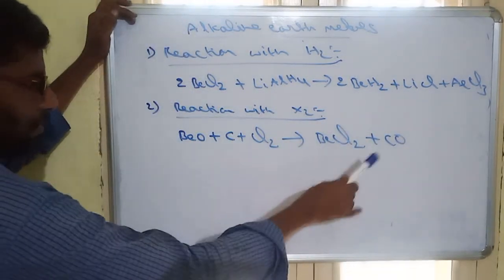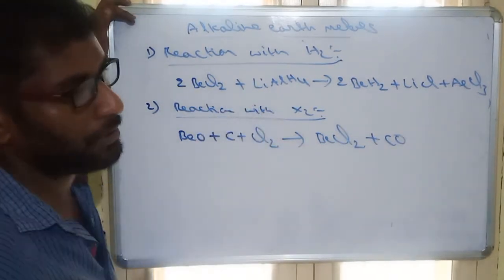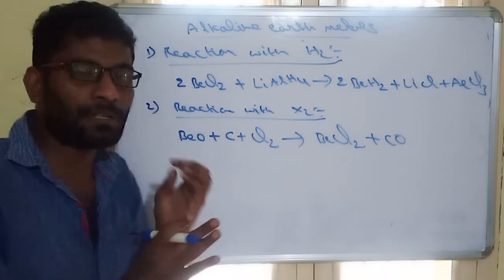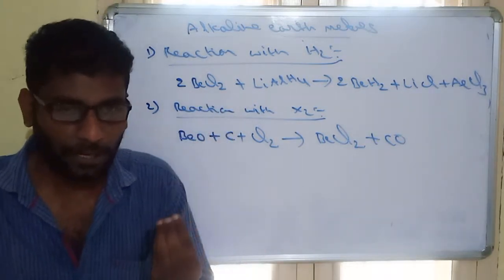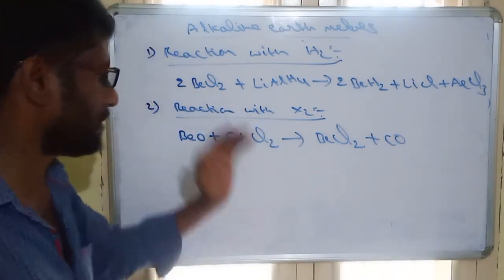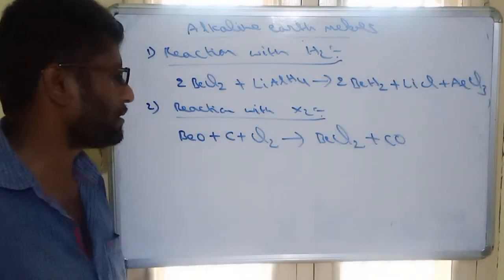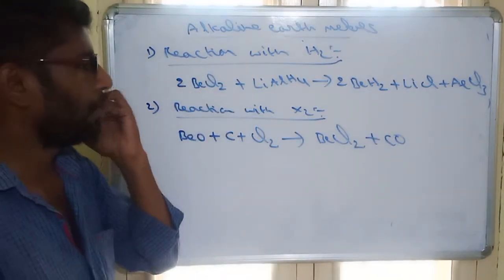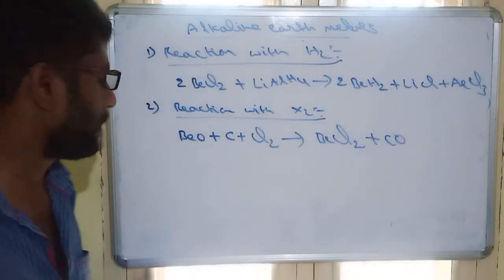So beryllium chloride is indirectly prepared from beryllium oxide, carbon and chlorine. That means beryllium also shows anomalous behavior like lithium. It is very less reactive, and its compounds are prepared by indirect methods. So this is the reaction with halogen, for beryllium. The remaining combine directly with halogen. This is the reaction with hydrogen: beryllium hydride is prepared from beryllium chloride.